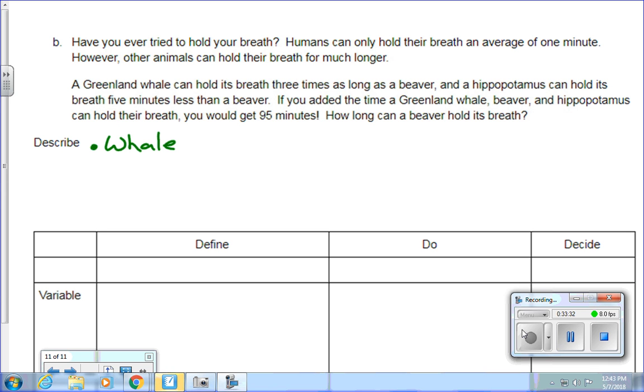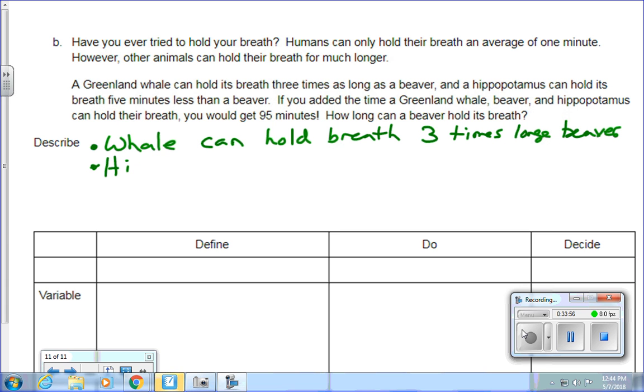Okay, so a whale can hold its breath 3 times longer than a beaver. What's another piece of important information? A hippopotamus can hold its breath 5 minutes less than a beaver.